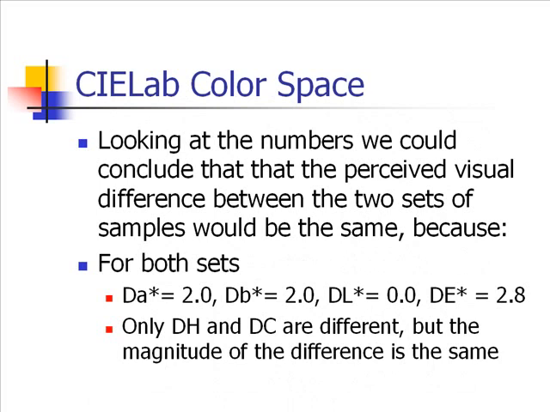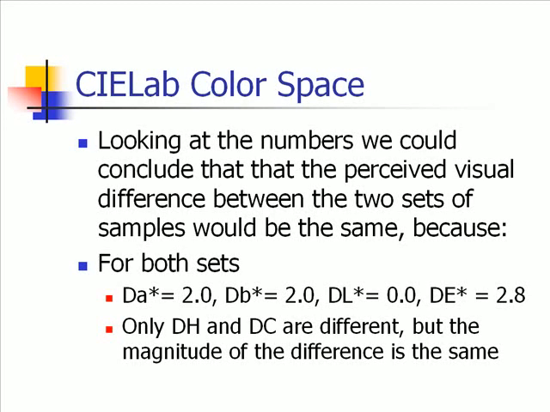One's not way off and one's not real close, but they should look about the same distance apart. Because for both sets, delta A is the same, delta B is the same, delta L is the same, and delta E is the same. Only the DH and the DC are different, but the magnitude of the difference is the same. According to the numbers, they should look the same difference apart.